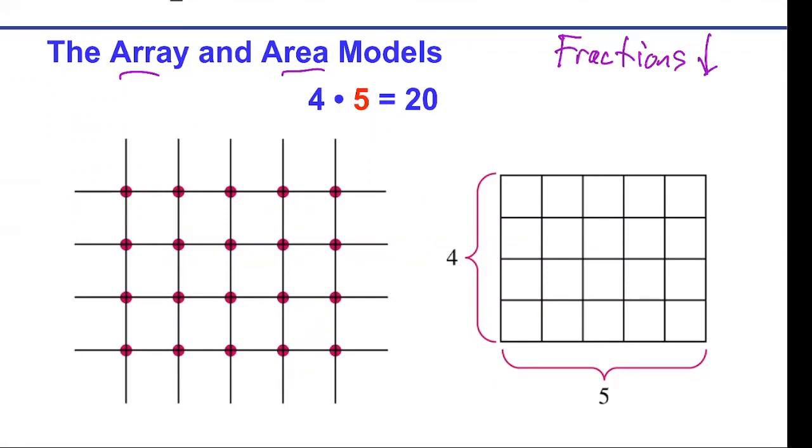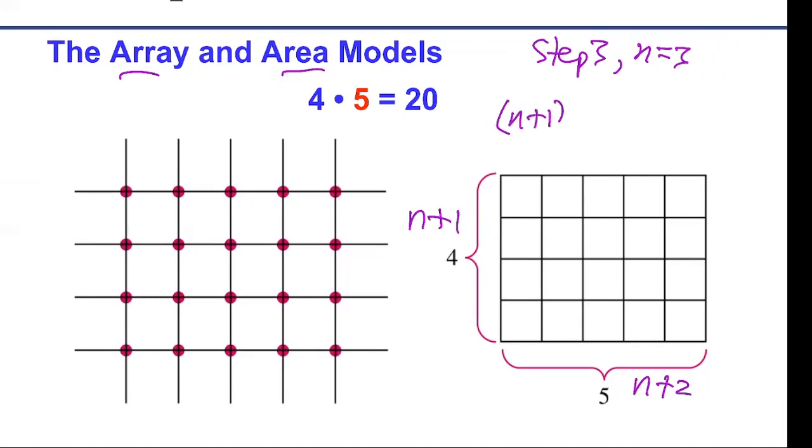For example, suppose we ended up with this diagram in step 3. So n was 3. Well, 4 is n plus 1. This is n plus 2. So this area is n plus 1 times n plus 2.